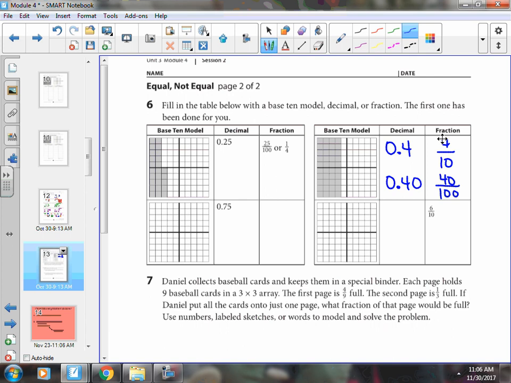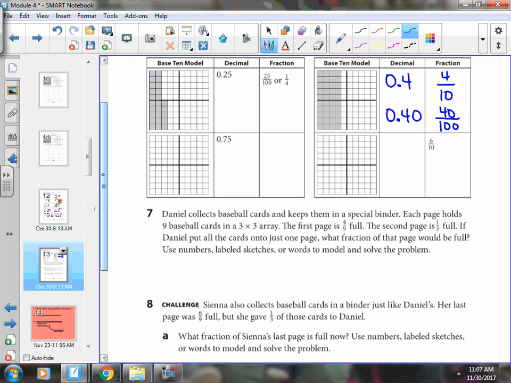The next one, I have to do some shading, 75 hundredths. I could shade 75 in a couple of different ways, okay? But I think I'm going to shade it like this and say there's 25, there's 50, and there's 75.